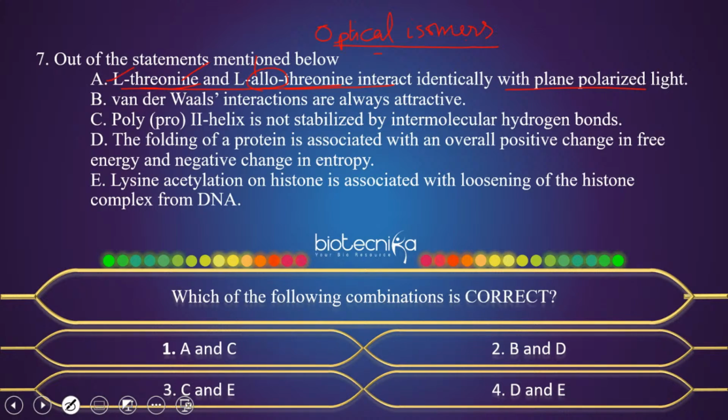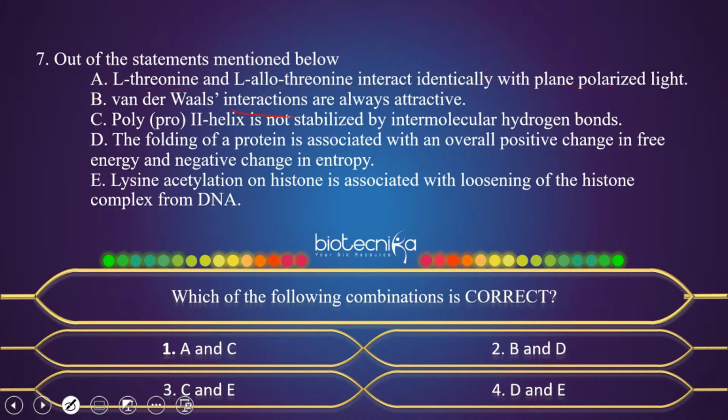Had it been L-threonine and D-threonine, then they would have been enantiomers, and they would have interacted differently, not identically, because one would bend plane polarized light to the left and the other to the right. But here they are non-mirror images. So how can two non-mirror image structures interact identically with the light? The bending obviously will not be the same. That is why A is wrong.